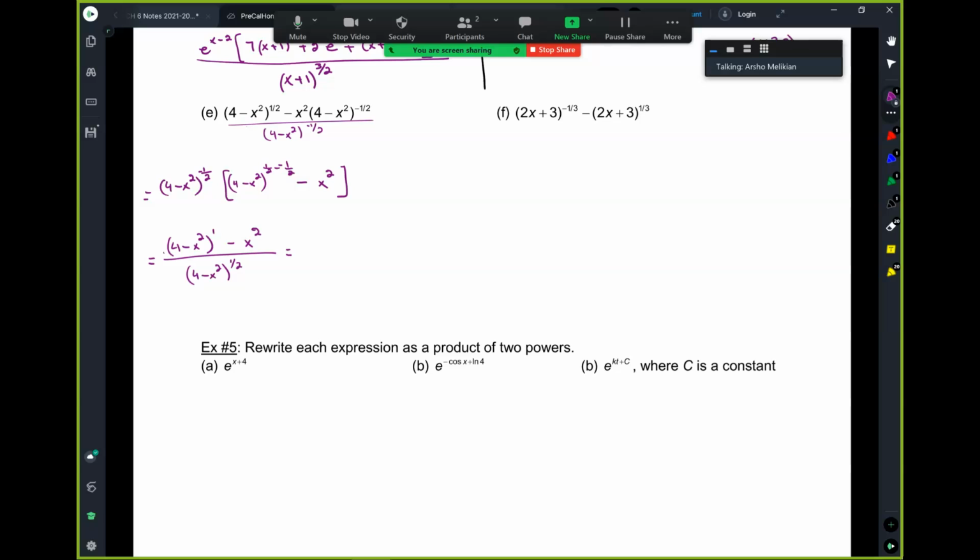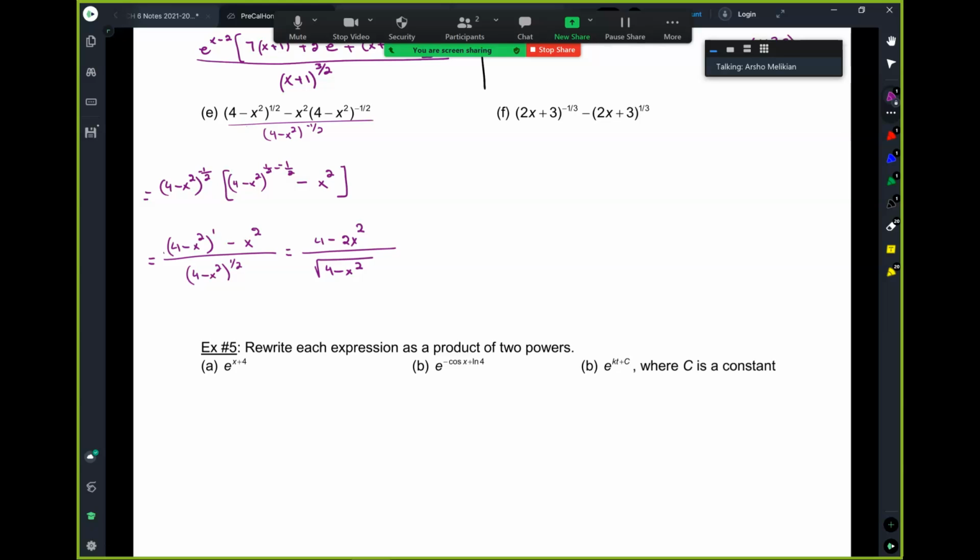So you subtract the exponents, so it'll be 1/2 minus negative 1/2. But the second time, yes, it'll go away. So this will give you 4 minus 2x squared over this. I'll write it both ways so you can see.